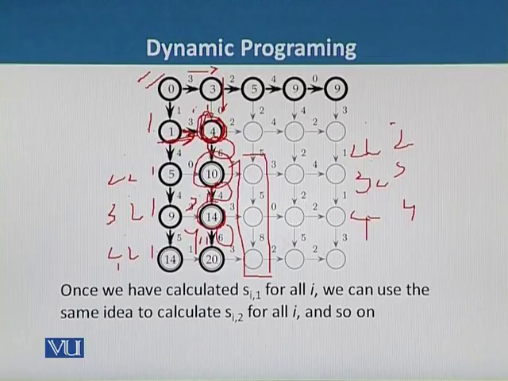So these points will become 2,2, 3,2 and 4,2. We can calculate the value of all these by adding the grid points, and we will calculate all of these one by one.